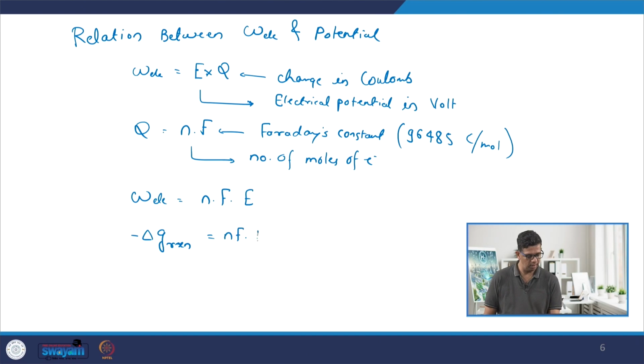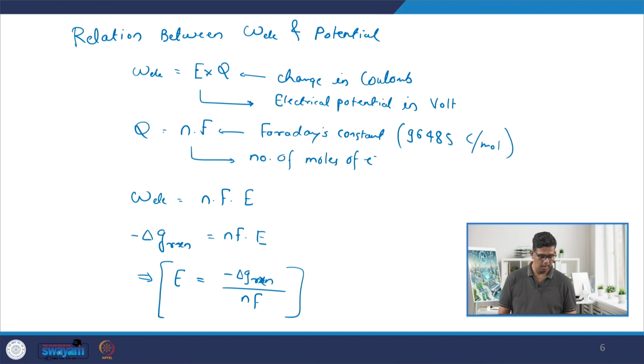So minus delta g equals N F E. Let's rearrange this and say that the electrical potential E is nothing but minus delta G of the reaction divided by N F. That becomes a very important expression: if we know the Gibbs free energy of any reaction, we can convert it into the electrical potential. We can get to know the electrical potential of that particular reaction. So that's how we will proceed.